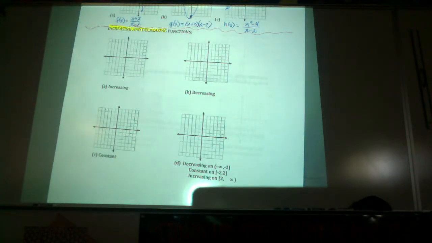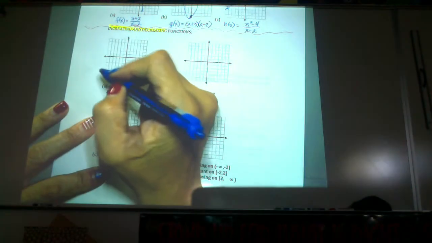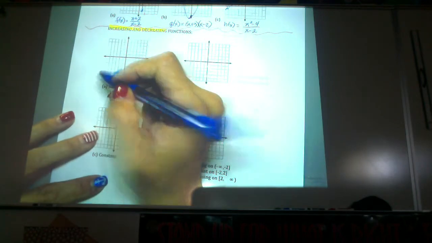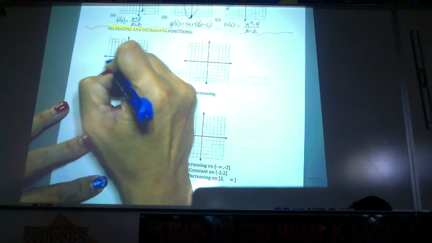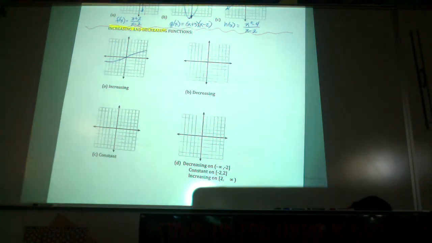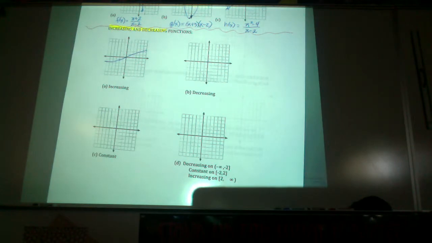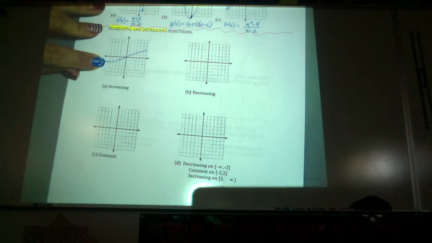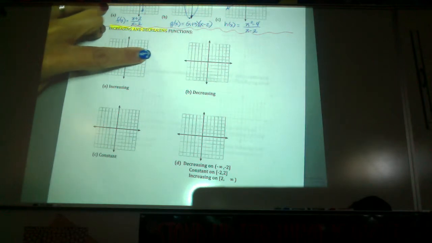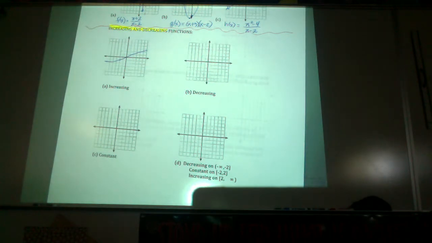So an example of an increasing function might look like what we just saw with y equals the cube root of x. When we look at increasing and decreasing, we always go from left to right on the graph. We focus on the x-axis, but we look at what's happening to y. As I go from left to right on the x-axis, y starts out low and it gets higher and higher as I go to the right on the x-axis.